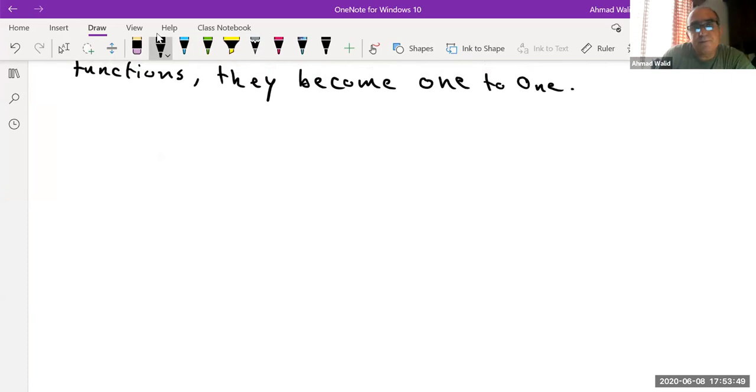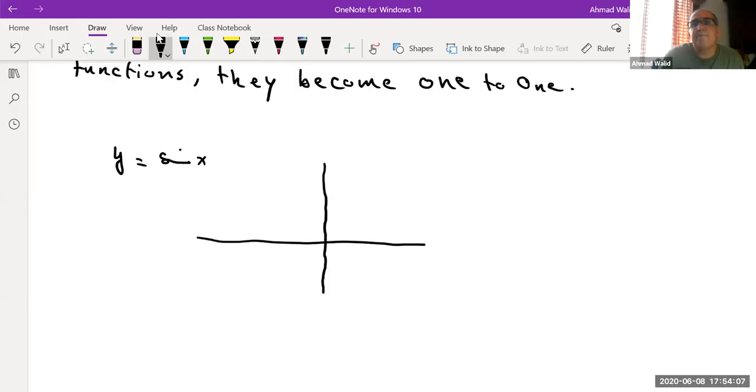For example, if I have y equals sine x, or f of x equals sine x, it's not a one-to-one function. Let me graph it nicely for you. It's really difficult to write with this pen, but I'm trying my best.